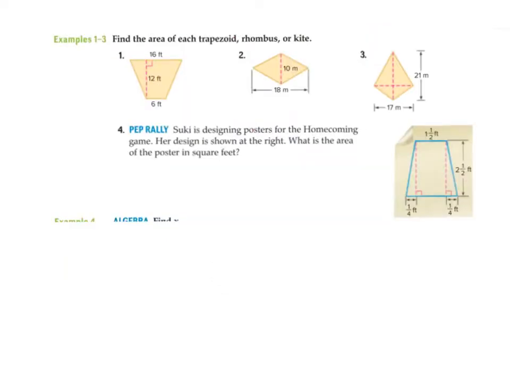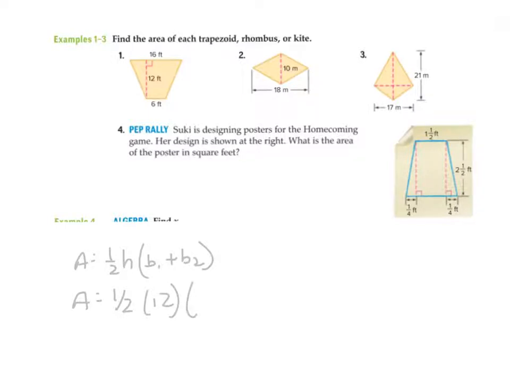Let's have a look at a few of the examples. All right, we'll do one of each. So question number 1 is your trapezoid. So A equals your half times your perpendicular height, B1 plus B2. Okay, make sure you quote the formula first. So A is going to be a half times 12, and I'm putting everything in parentheses that I need to.